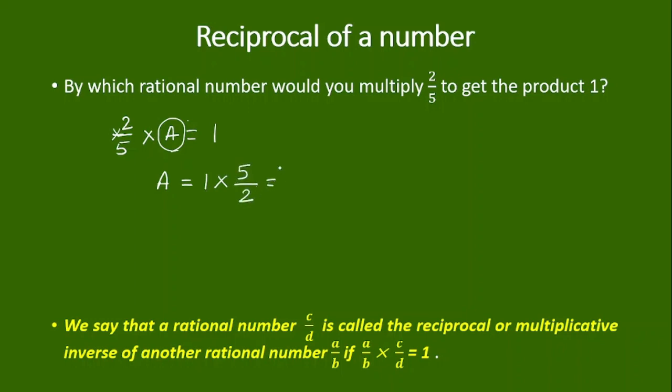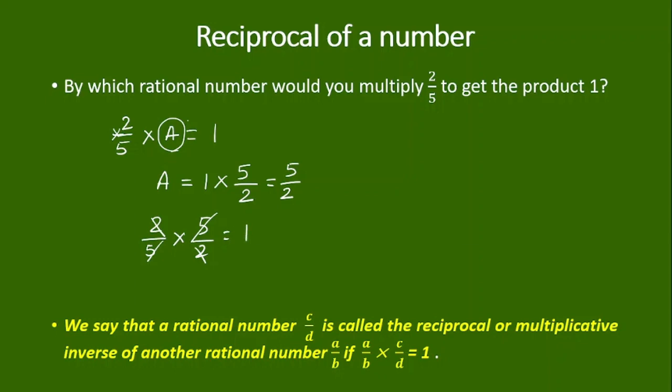So it will be equal to 5 upon 2. So here I found the value of a is equal to 5 upon 2. Now 2 upon 5 multiplied by 5 upon 2, how much will it be? This 2 will cancel out and 5 will cancel out. So here I am getting 1.